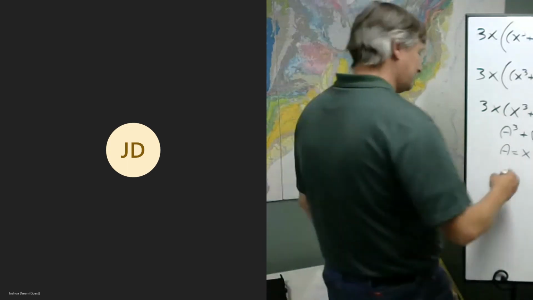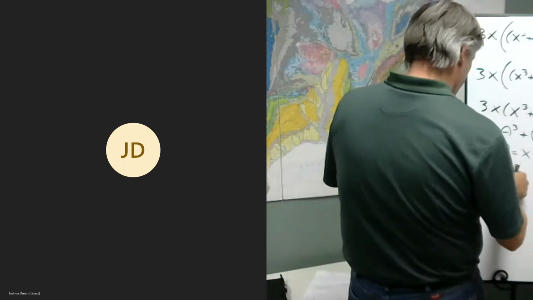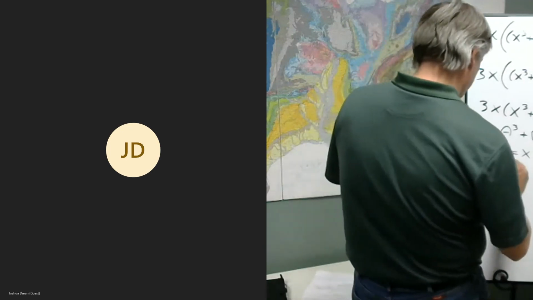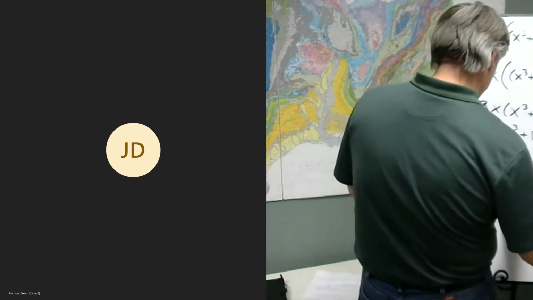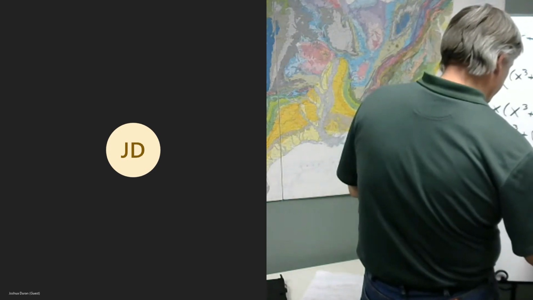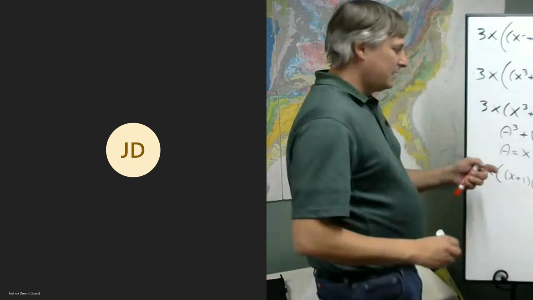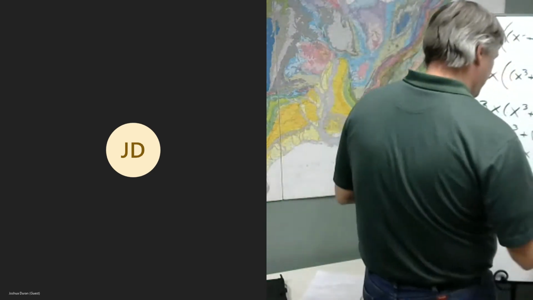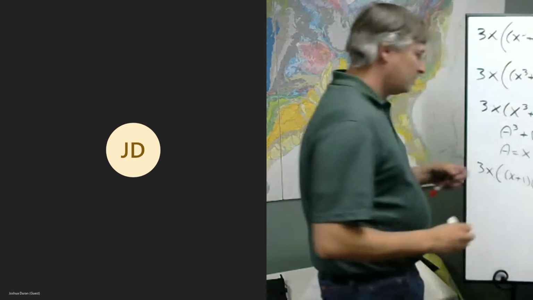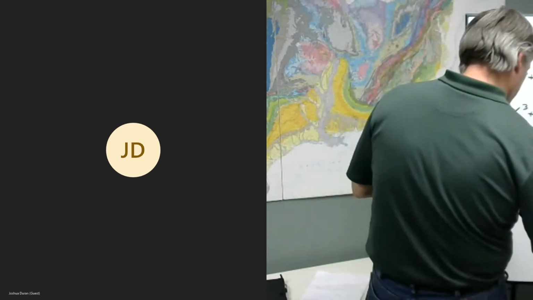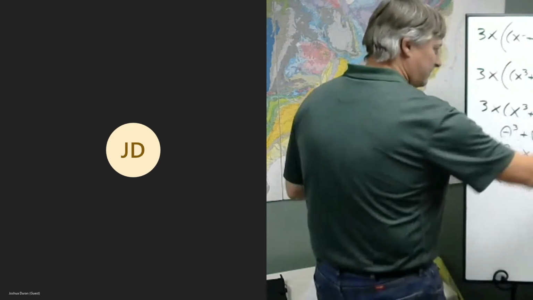So plugging this in, so x squared minus A times B, or x times 1, which is x, plus B squared, or 1 squared, which is 1. And we still have this.